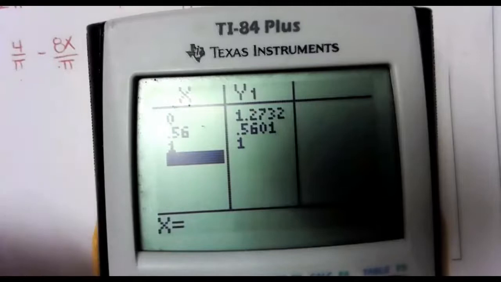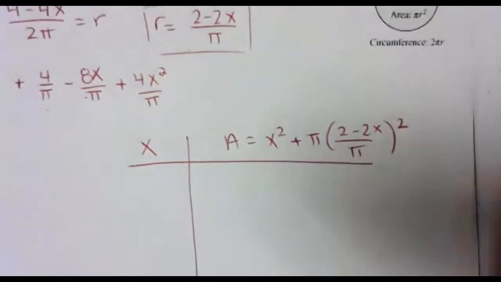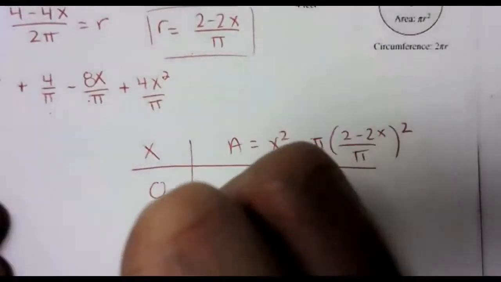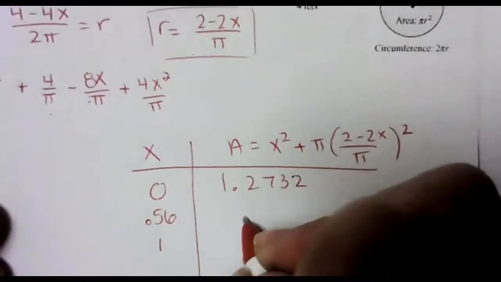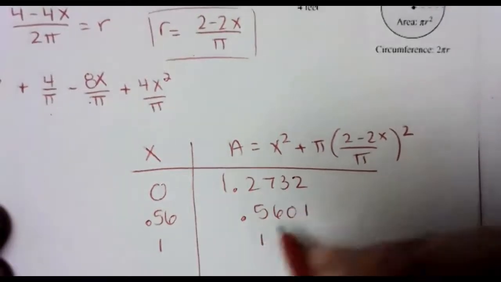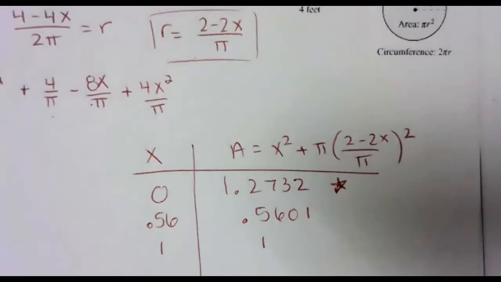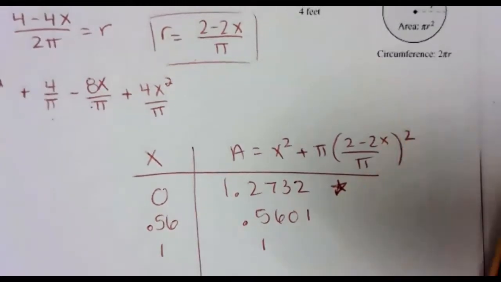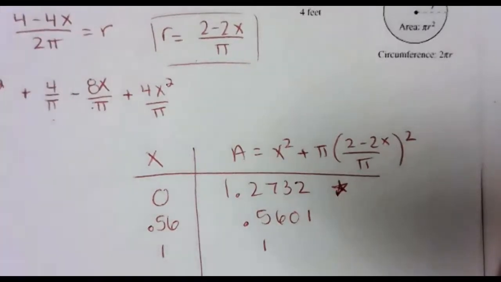So it says, how much of the wire should Rick use for the square and how much did he use for the circle? So he should use x equals 0, which means no wire for the square and all wire for the circle in order to create an ornament with a max total area.